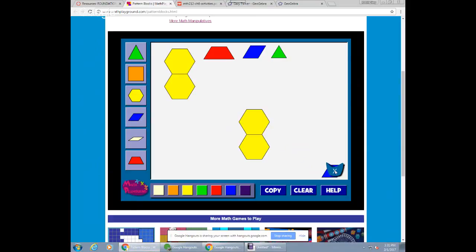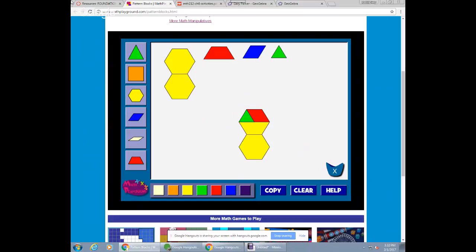So here's a whole. I need to find a quarter, and earlier we'd established that this piece right here is a quarter. So now I need to break that quarter into 3 pieces because I need to use thirds. What figure should I use to do that? The green triangle. So that green triangle right there is now 1/3 of my quarter.